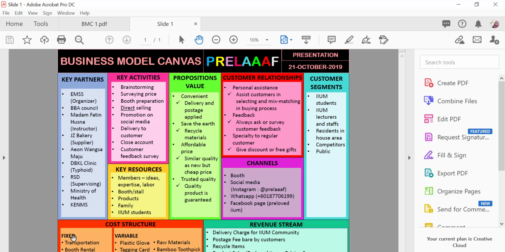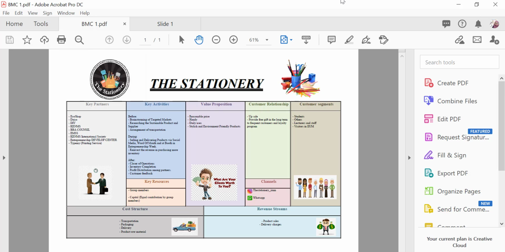For example, you can put cost structure, but do not put any amount of ringgit. If you want to put in revenue stream a postage fee, for example RM9, no need. Any numbers, please avoid. Even your personal WhatsApp number, avoid it, unless you have a WhatsApp business number. Basically, avoid writing any numbers in your BMC.